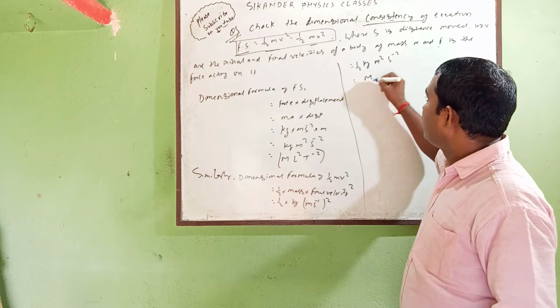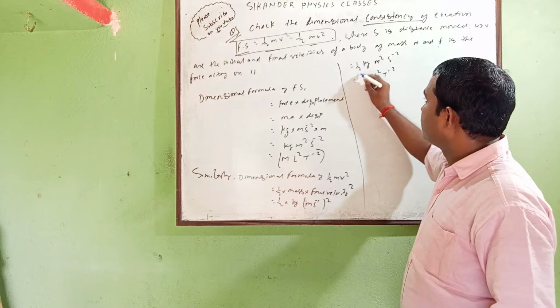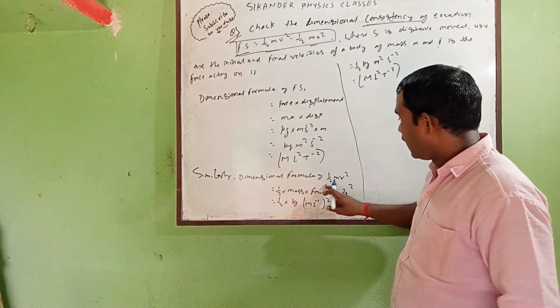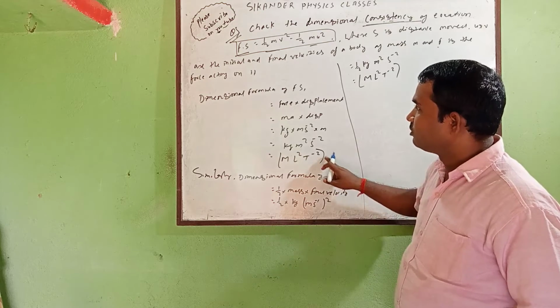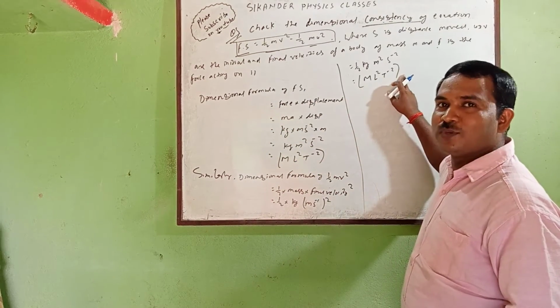Write kg for M, meter for L, s for T, and the powers remain the same. This is the dimensional formula of half m v square, and this is the dimensional formula of Fs. You see M L2 T minus 2, here also M L2 T minus 2.